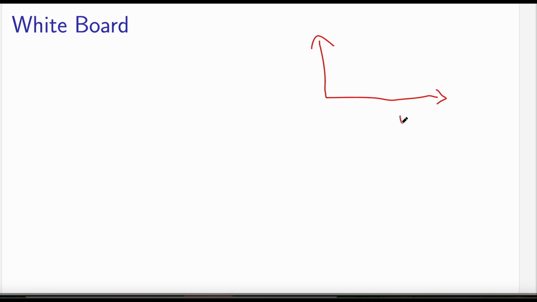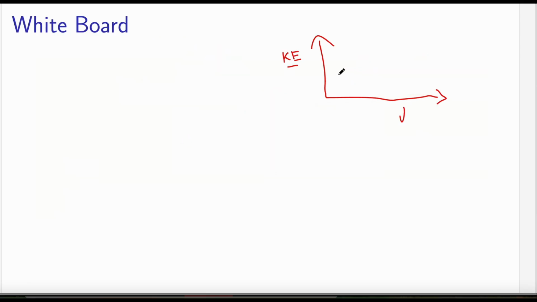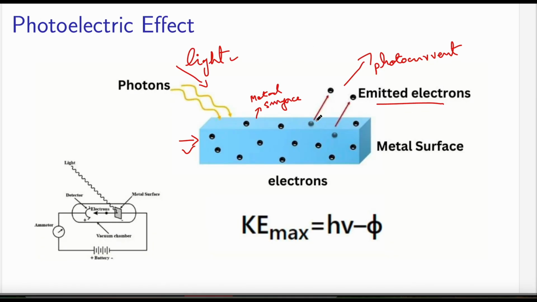This is the axis for the kinetic energy of the emitted electron, the electrons that are being emitted, and along this axis we are considering the frequency of light that is falling on the metal surface.